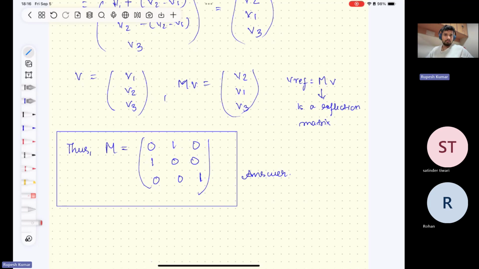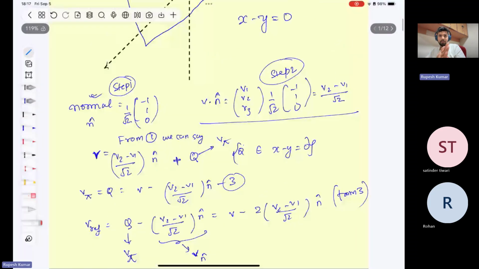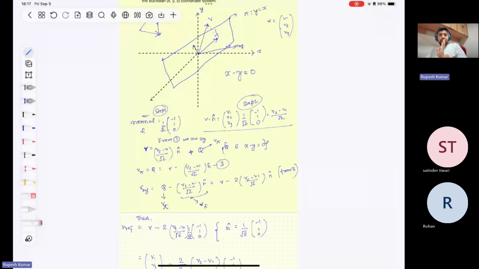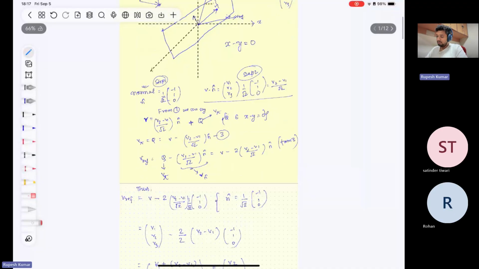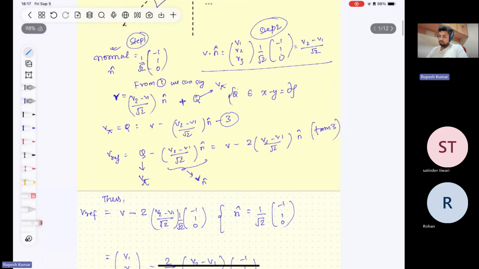Am I audible? Okay. So basically the concept was right. There was nothing wrong in the explanation that I gave. It's just that there was some numerical mistake in the solution. Right. Okay, fine. So this was it.